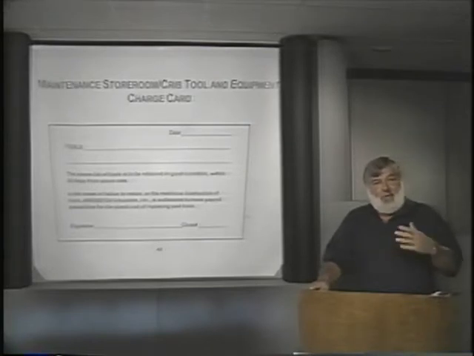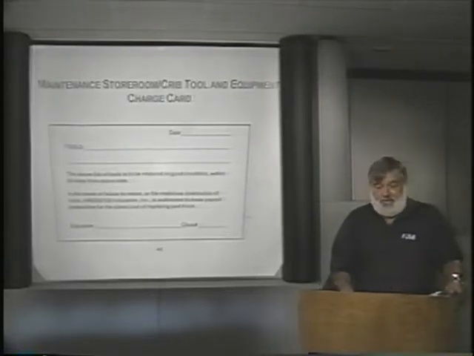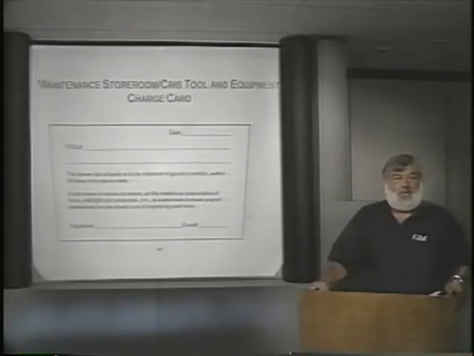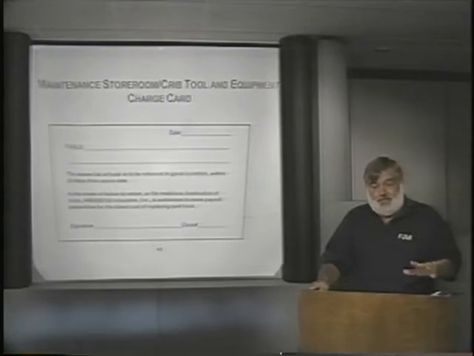If that tool is not required for additional maintenance work orders, then this individual could actually retain the tool. Now this is a company's document. You may want to indicate that the tool must be returned to the storeroom once the job is complete.